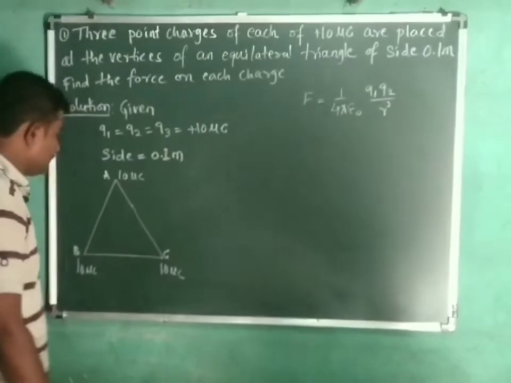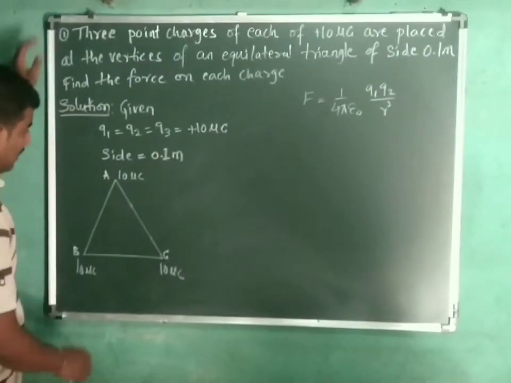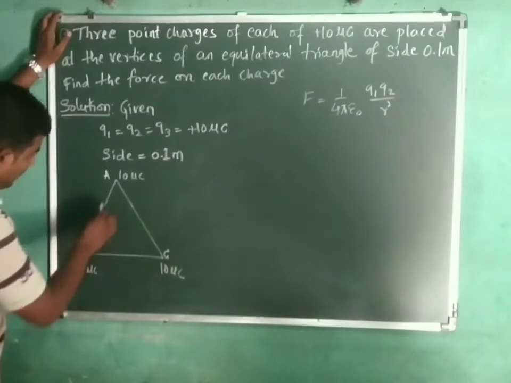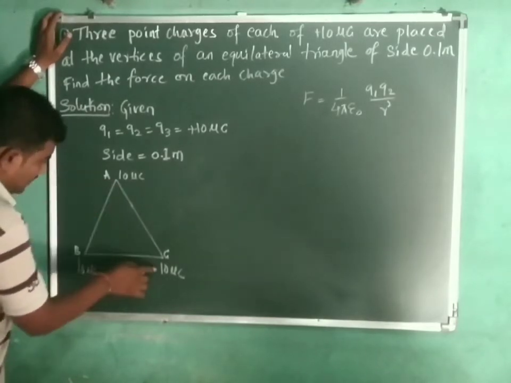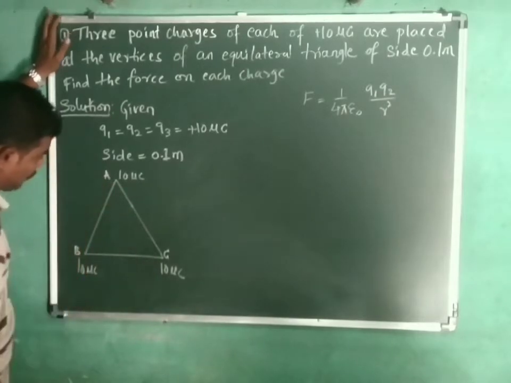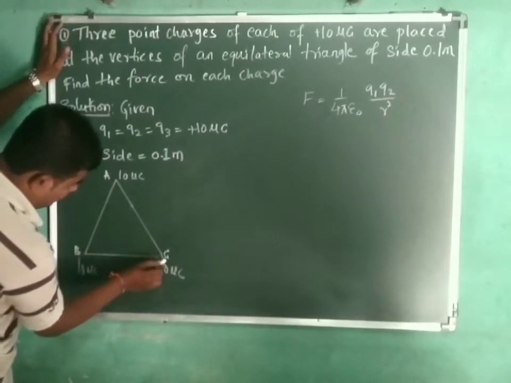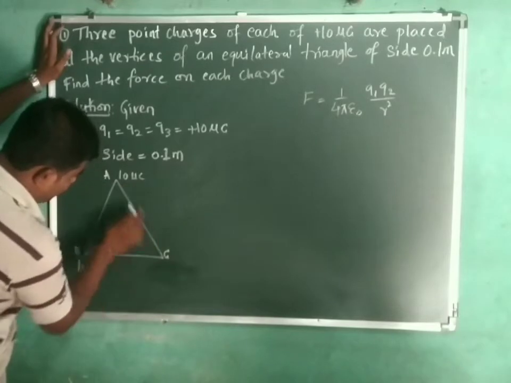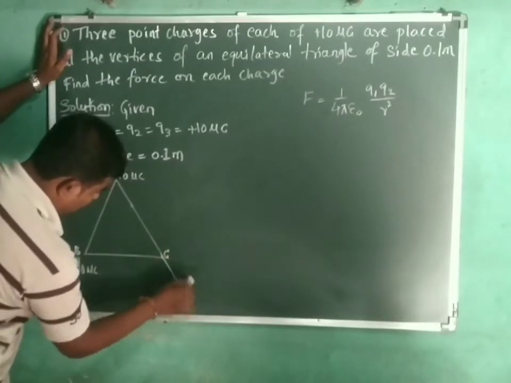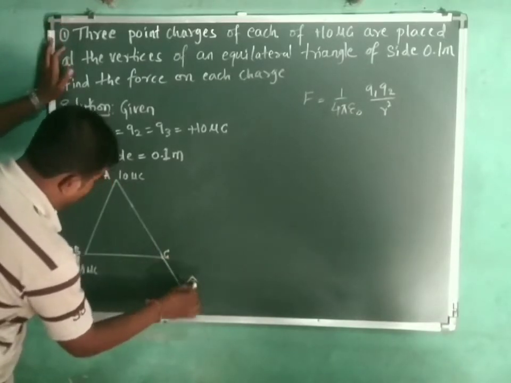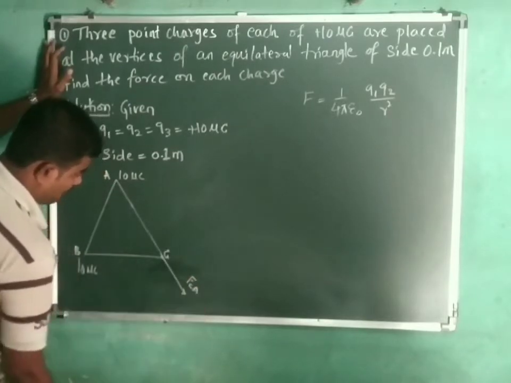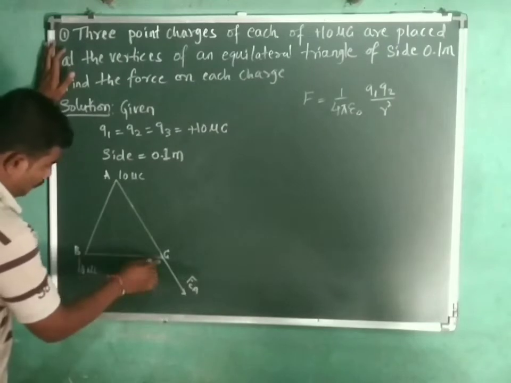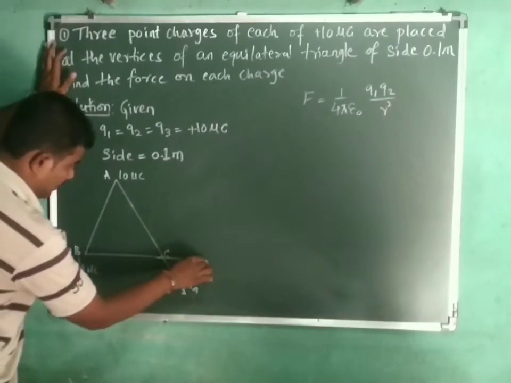Okay, look at this diagram. This 10 microcoulomb will repel this 10 microcoulomb, and this one also repels the other, but let us take this one. See here, this 10 will repel this 10. This is the force on C due to A. And this 10 microcoulomb also repels this 10 microcoulomb in this direction.